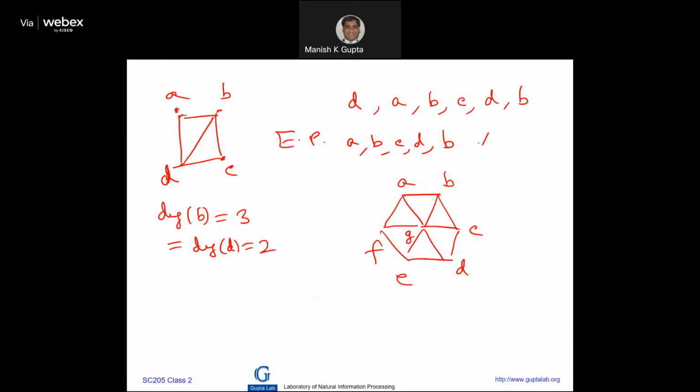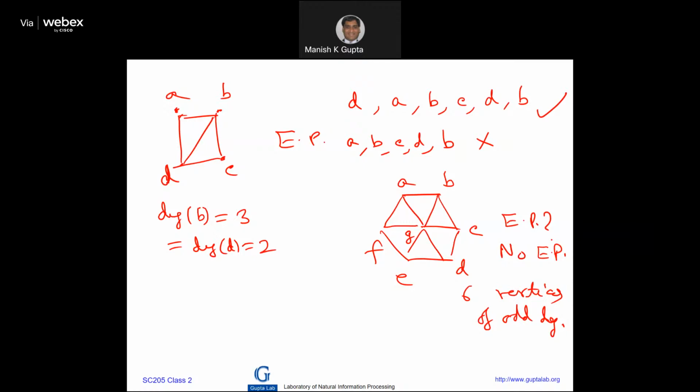But this one is an Euler path, right? What about this graph now? There is no Euler path in this graph because there are six vertices of odd degree. So I think that's all about Euler paths.